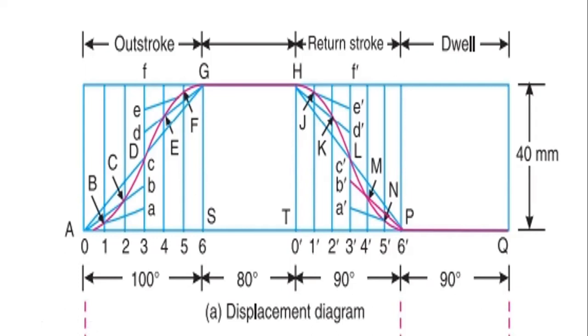Next, divide the outstroke section into 6 equal parts and name them as 1, 2, 3, 4, 5, 6.